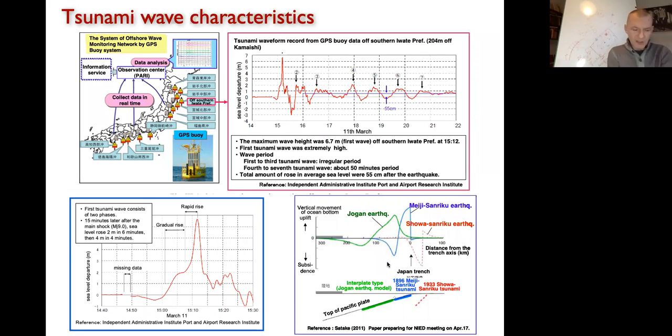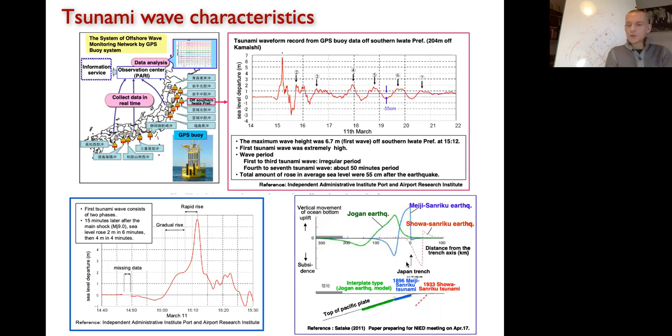You know that the Japanese seismic history is rich of very important events, and the names of these events usually are associated to how in Japan they measure the years. So in eras, for example, there is the Jogan period, the Meiji Sanriku, the Showa period. So these names here are referring to earthquakes that occurred in the past, like 1896, 1933.